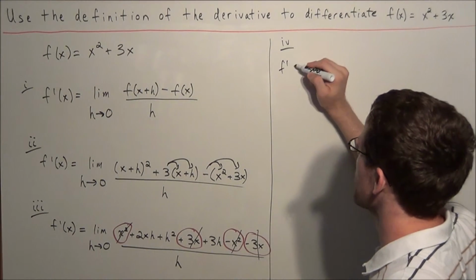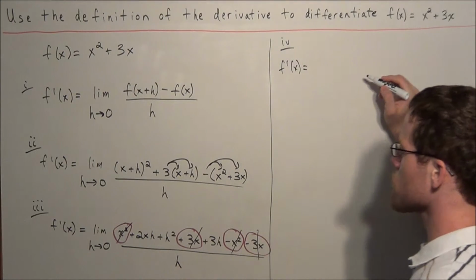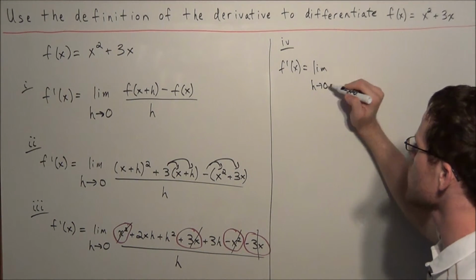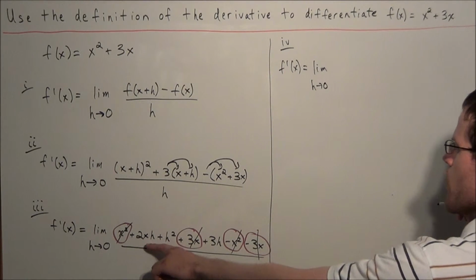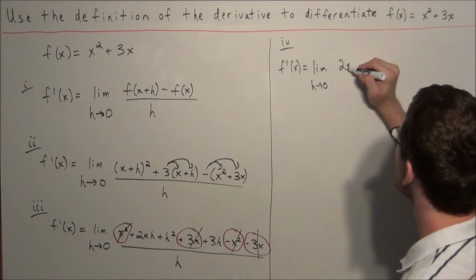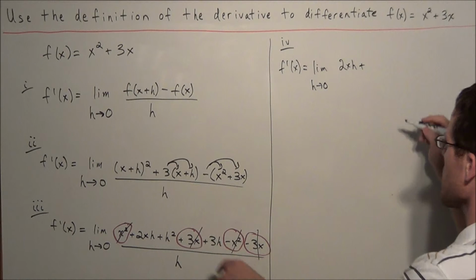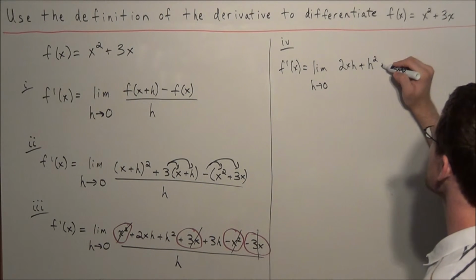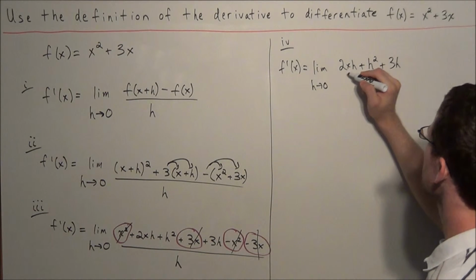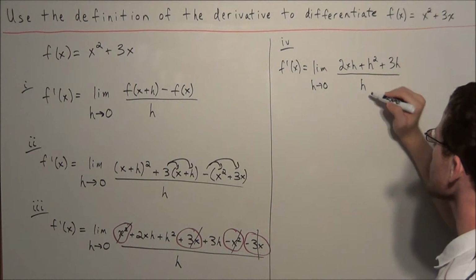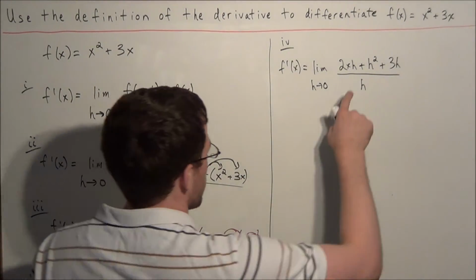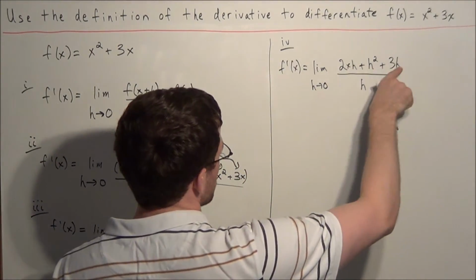So we have f prime of x is equal to the limit as h approaches 0, and all that's left is 2xh plus h squared plus 3h, all over h. So now what we need to do for the next line is factor out a common h from each term in the numerator.